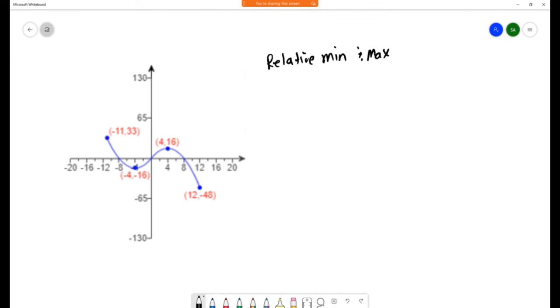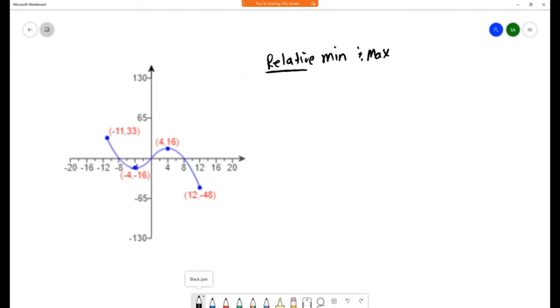The problem is that the word relative in front of it means something different. When we have that word relative, what we're looking for is whether, in a localized area, there is a maximum or a minimum value.